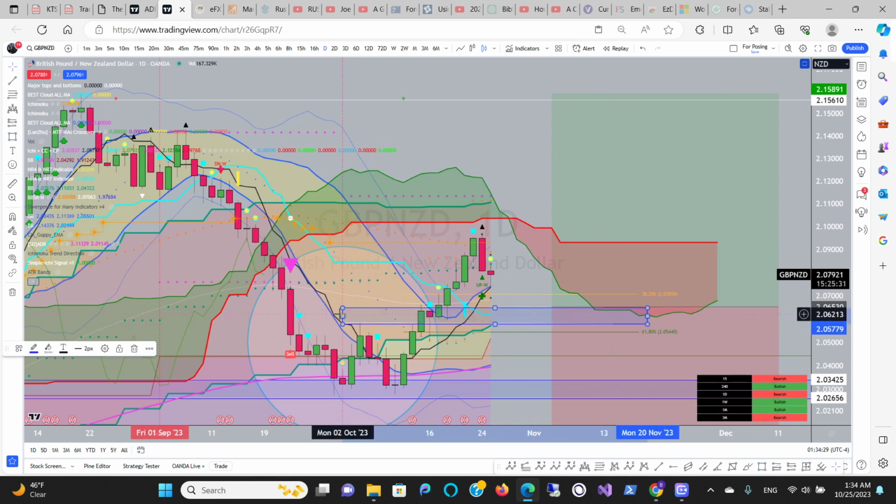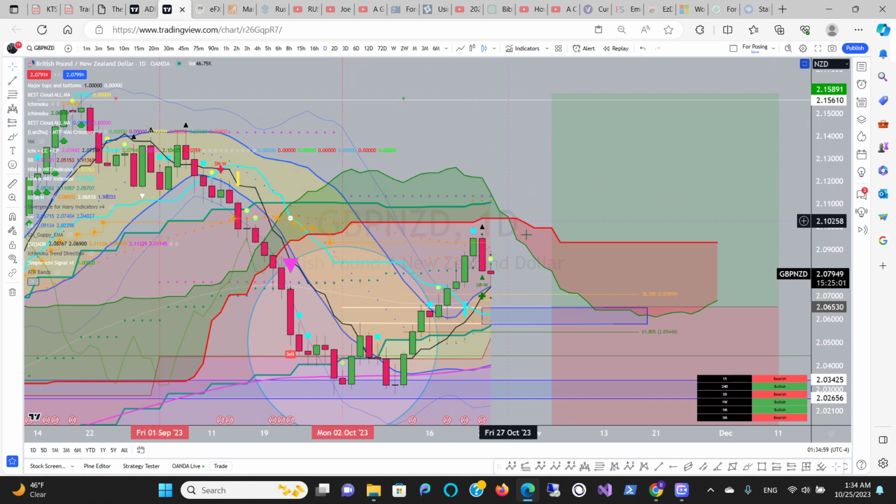We want a rejection here at this level, price testing the Kijun, right? And if we get the rejection on the daily Kijun, which is ideal here, then that's when we would think to take this trade here.